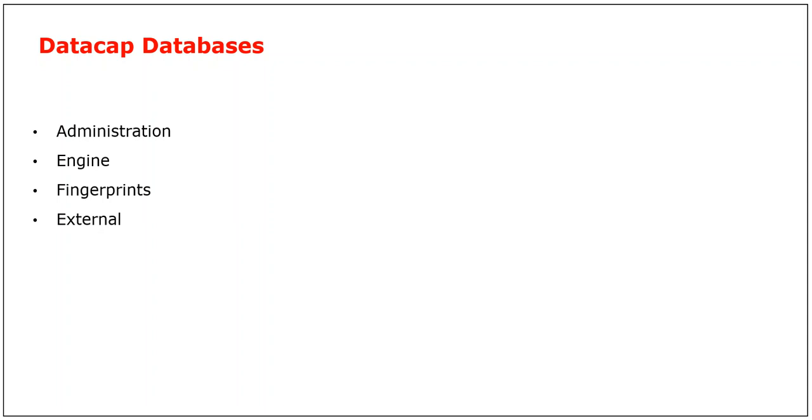But you only have the input for the account number. So where will you get this detail from? Admin won't contain this, engine won't have it, neither will your fingerprint. That's the occasion where you will require a third-party database.